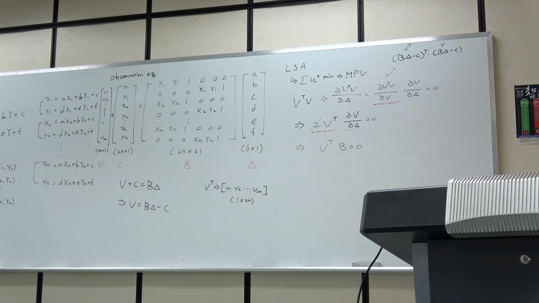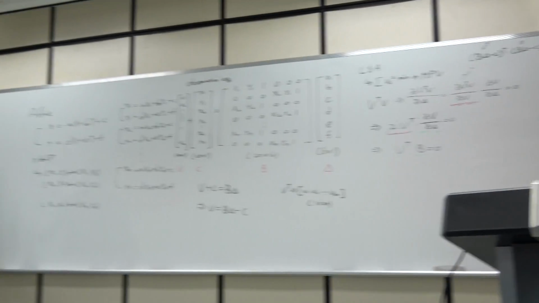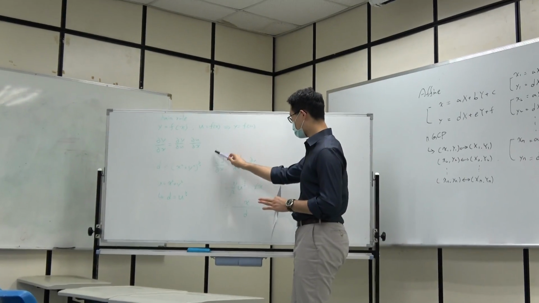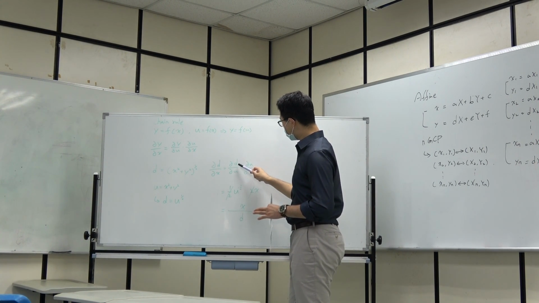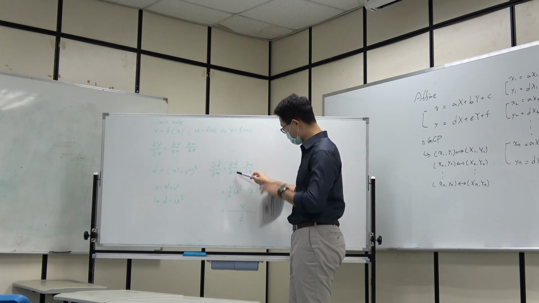So we declare a new variable, which is u, and u equals x squared plus y squared. So in this case, d equals u squared. And this is the chain rule. If we want to solve this, we can declare a certain variable and then take the derivative with respect to that variable.